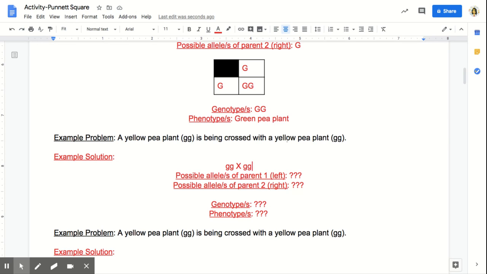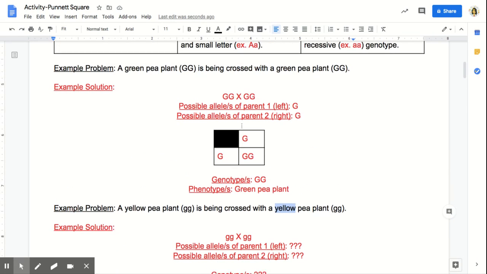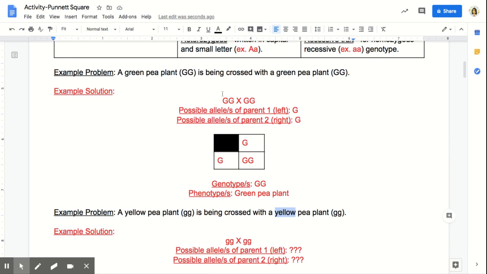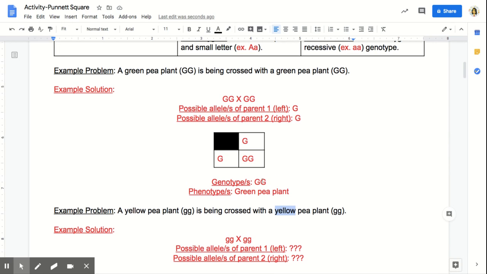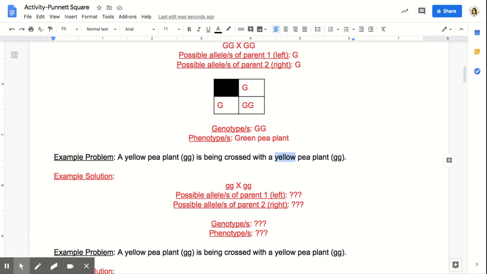Remember that we're only using the same letter here. So even if the trait is yellow, we're not going to use Y, because the dominant, we know from the first problem, is green, which means we're going to use the letter G even if the color is yellow. But we're going to use a small letter because this is homozygous recessive, which signifies the yellow color.